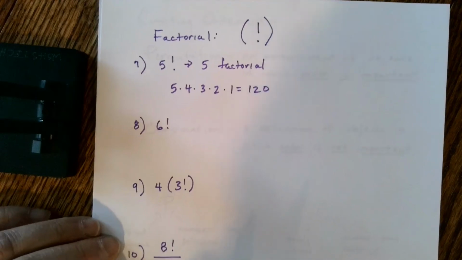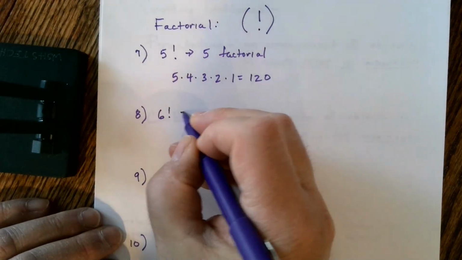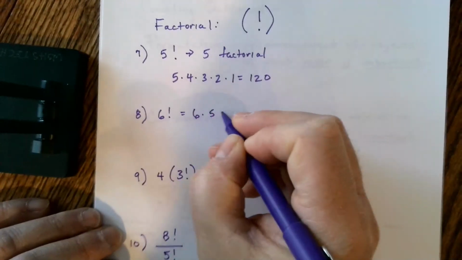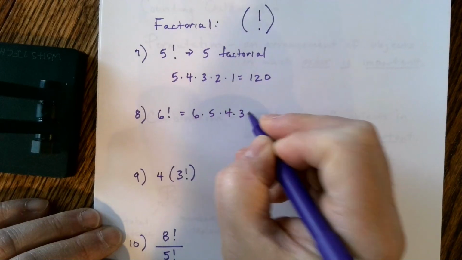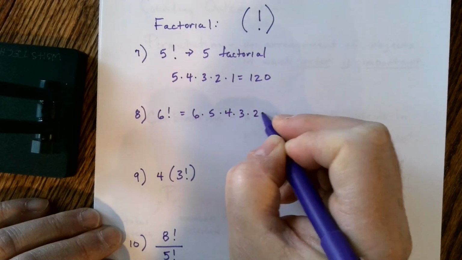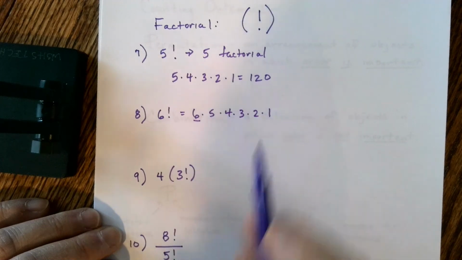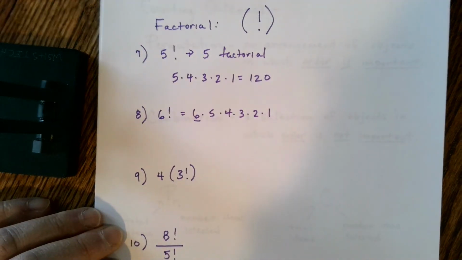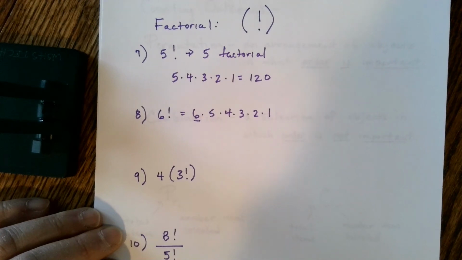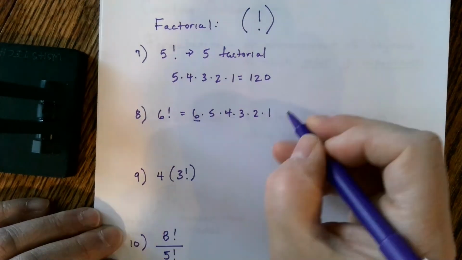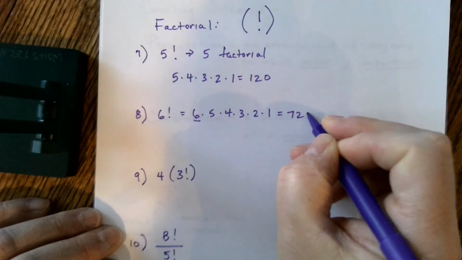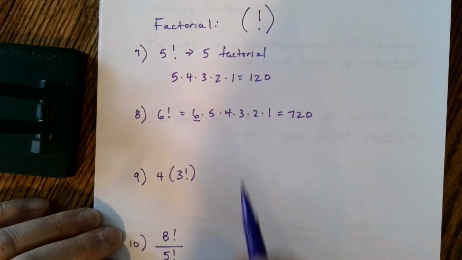6 factorial is 6 times 5 times 4 times 3 times 2 times 1. Again, you start with your 6 and go all the way down to the number 1. And 6 factorial has a value of 720. Now again, where would this come from?